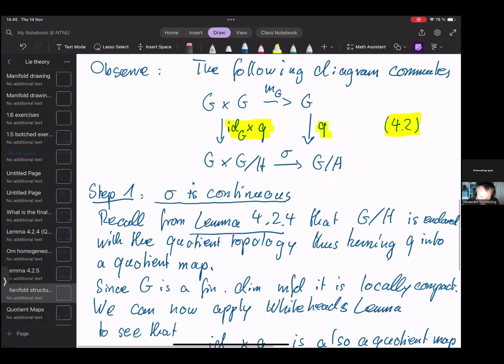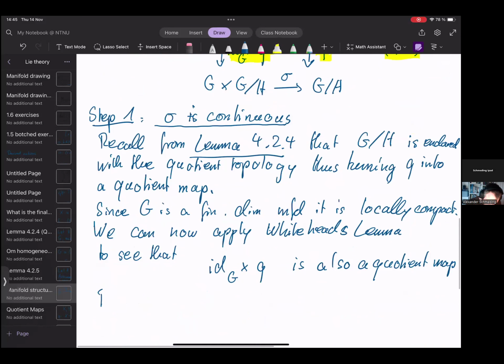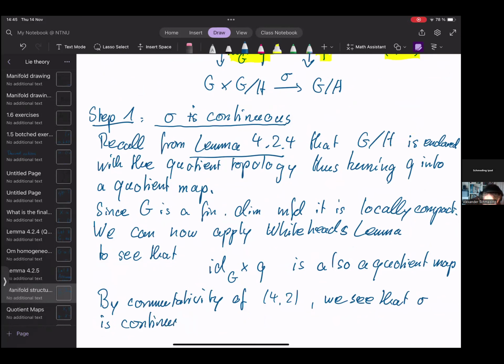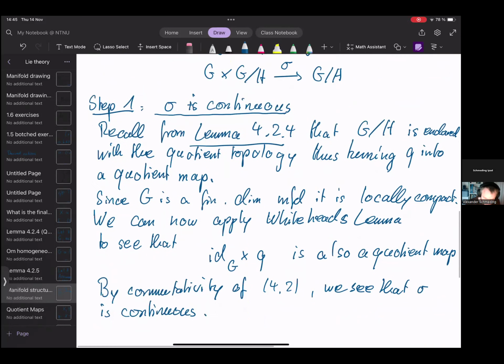So by the commutativity of 4.2, we see that sigma is continuous. Okay, great. So sigma is at least continuous.